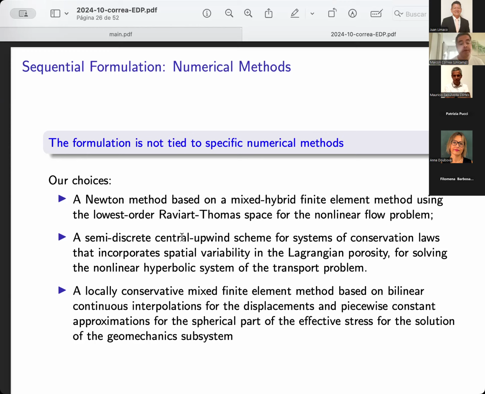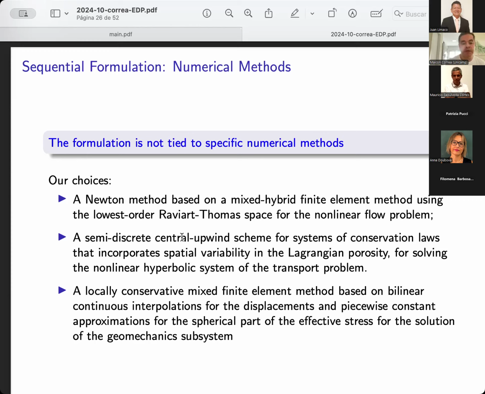For the transport problems, a semi-discrete central upwind scheme. This is a new scheme. It's not known in the literature because here we need to develop this kind of finite volume scheme in the presence of the heterogeneous Lagrangian porosity. So lots of things change.